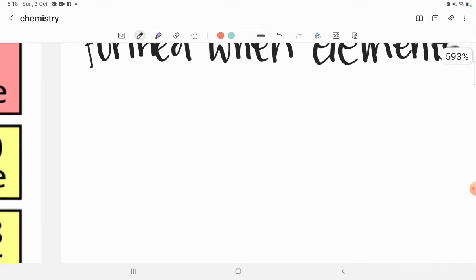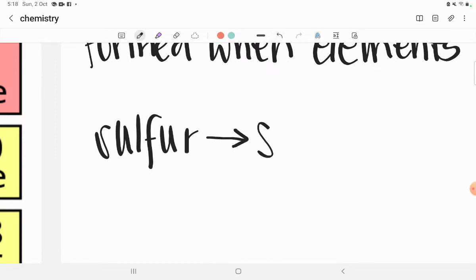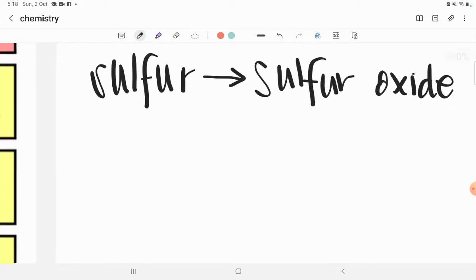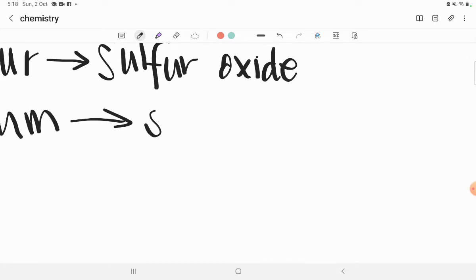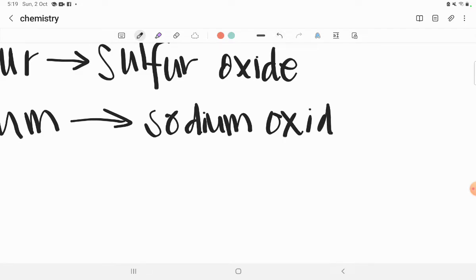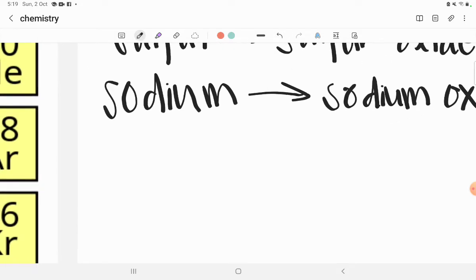So for example, if sulfur is burned in oxygen, then we would have sulfur oxide. And if sodium burns in oxygen, we get sodium oxide. But there's one substance that, when it burns in oxygen, gives something else, and that is hydrogen.